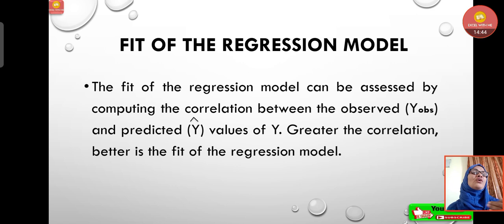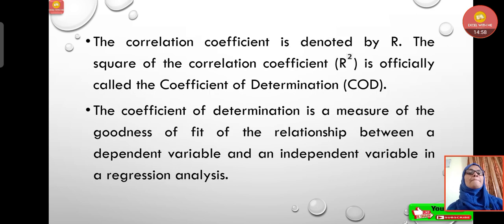Now, what is the fit of the regression model? The fit of the regression model can be assessed by computing the correlation between the observed y observations and predicted values of y. Greater the correlation, better is the fit of the regression model. Now, the correlation coefficient is denoted by R. The square of the correlation coefficient, that is R square, is officially called the coefficient of determination, that is COD.